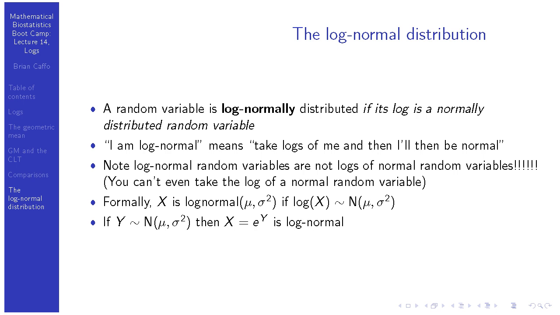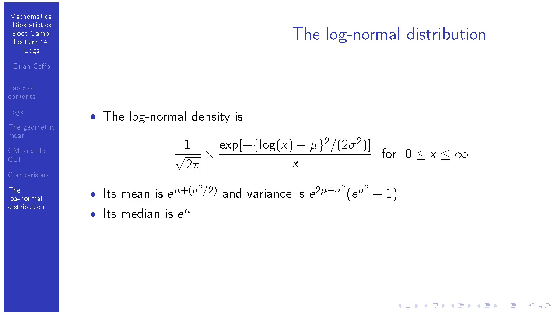And if Y is normal with mean mu and variance sigma squared, then e to the Y is log normal. So you can generate a log normal by generating a normal random variable and exponentiating it. I give you the log normal density here if you want it. It depends on mu and sigma squared. Its mean is e to the mu plus sigma squared over 2, where mu and sigma squared are the mean and variance on the log scale.